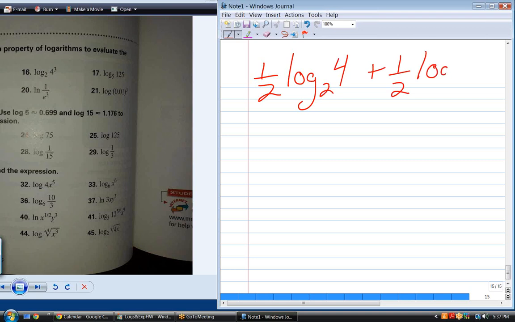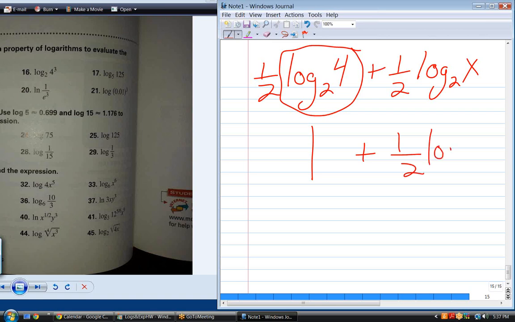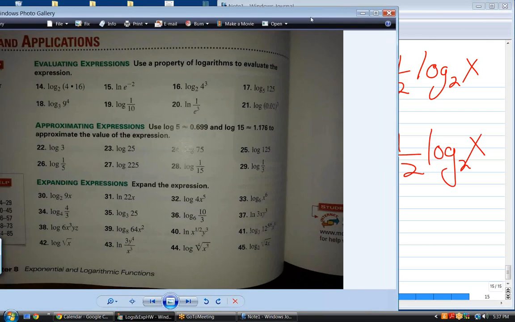Would the first part just become 1? Well, yeah, that is 2 times a half, so that becomes 1. And that's all. In other words, the rest of the answer is going to be this. Okay? All right. You're pretty good at this.